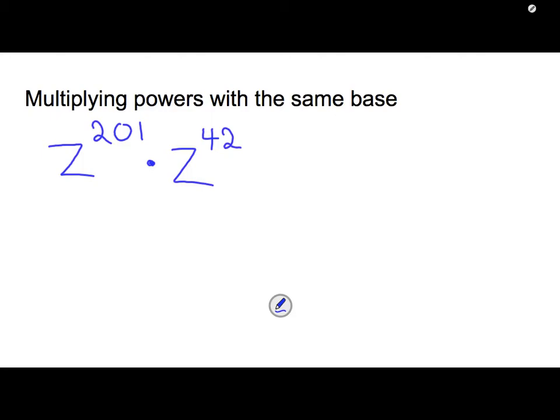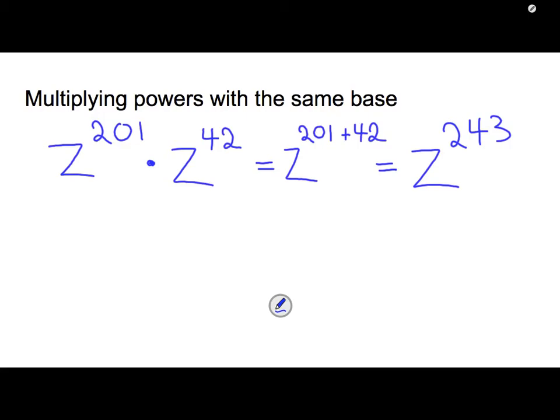Well, we can use our same exact rule we did before. It's going to be z to the 201 plus 42, or just z to the 243rd power.